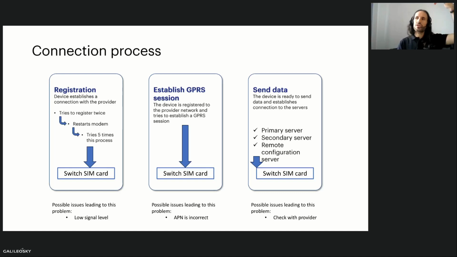If the registration is okay, establish connection, send data. If it fails sending data, it will try to switch the card. But in the case the device was able to send at least one small packet and it received the answer from the server saying that everything's fine and the data came through correctly, the device will stay, will not switch the card, and that's an important issue, right?